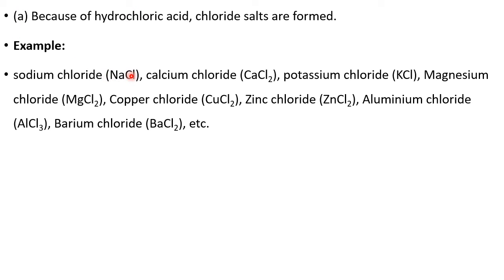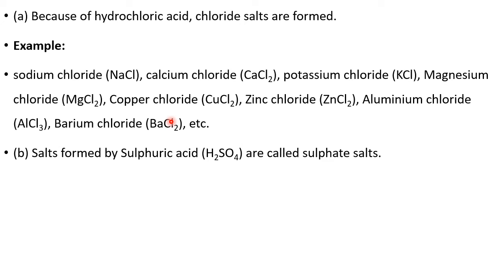Hydrochloric acid on sodium hydroxide, hydrochloric acid on calcium hydroxide, hydrochloric acid on barium hydroxide. So hydrochloric acid is the common fixed acid I am using here. So depending upon the acid, salts are named. So these salts are named chlorides.